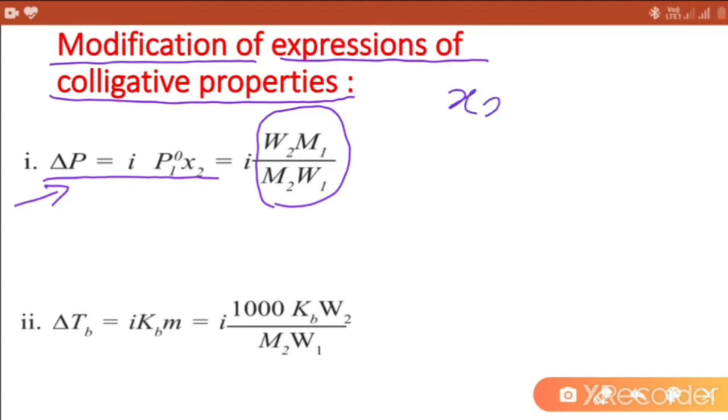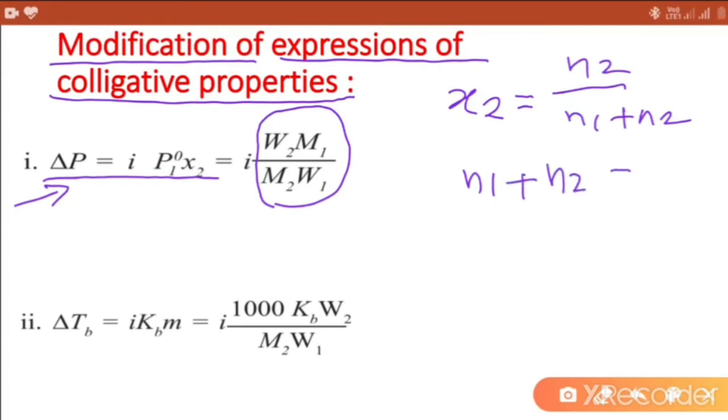We know X2 is the mole fraction of solute, equal to n2 divided by n1 plus n2. But for dilute solutions, n1 plus n2 is nearly equal to n1.